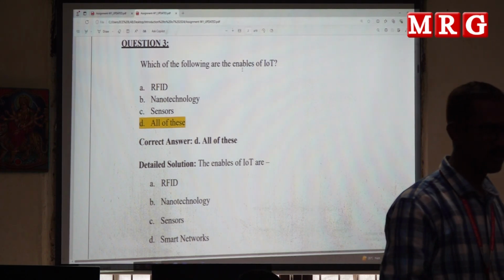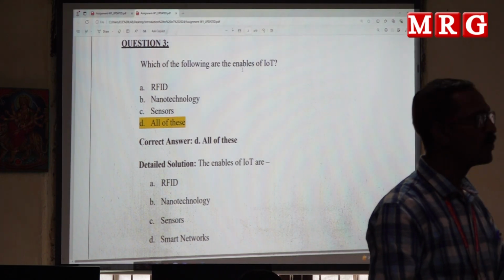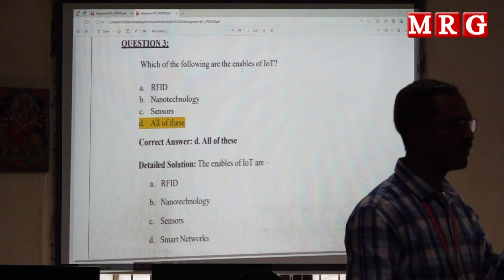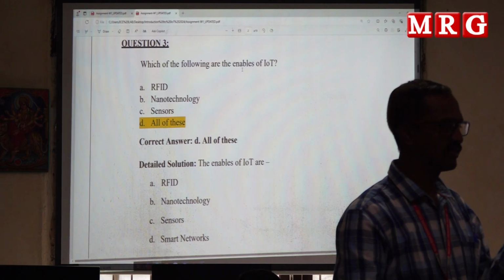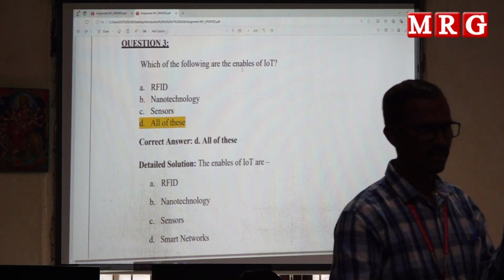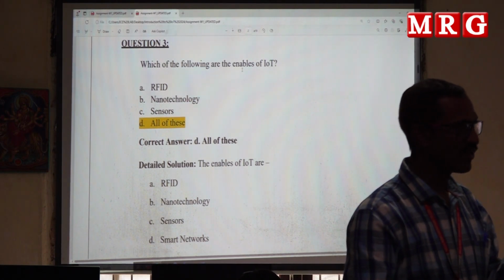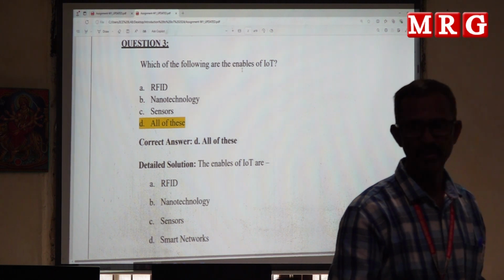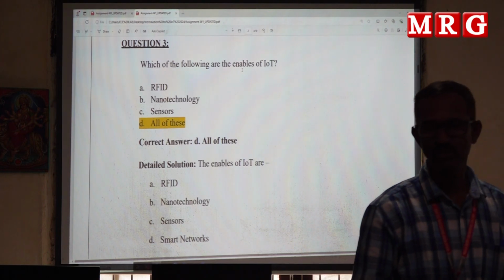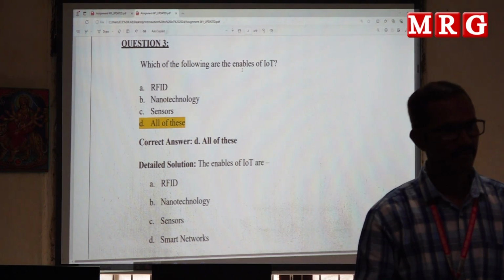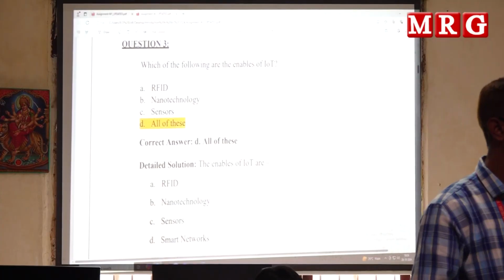Nanotechnology is also nowadays used in IoT. Nano devices. Nowadays we are using nano devices in medical and various other fields. All very small particles: nano injections, nano robots, nanotechnology in various kinds of things. So nanotechnology and sensors are very much required. Without sensor, there is no IoT.